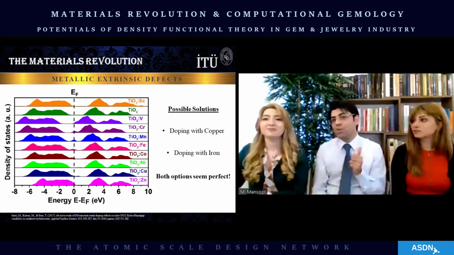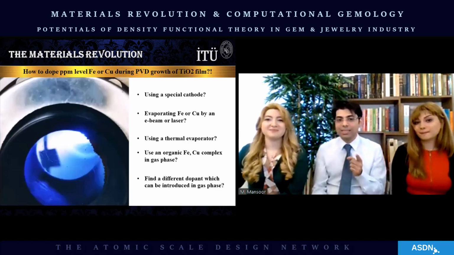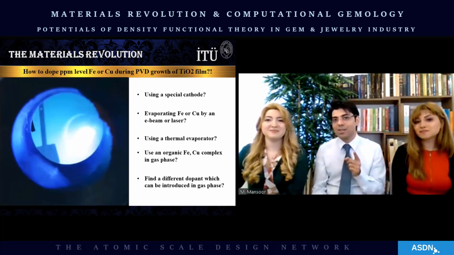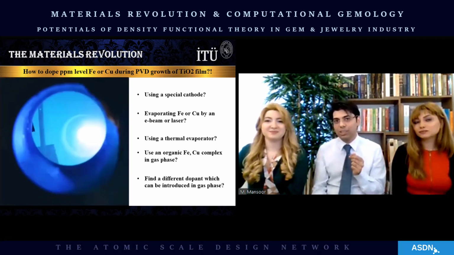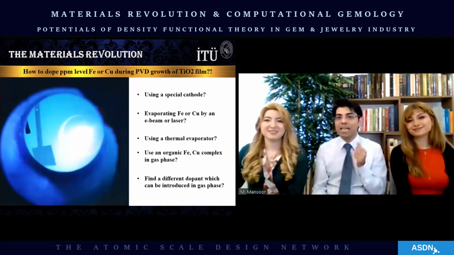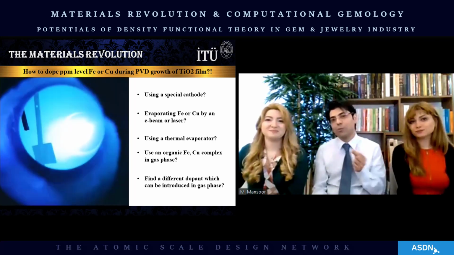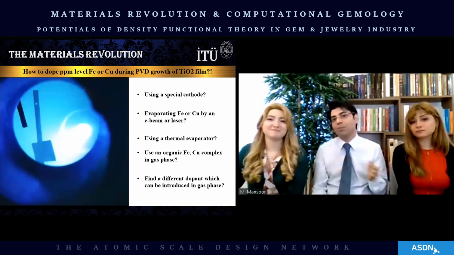So we thought, well, that might be an interesting option from an experimental point of view, but the problem is, when we consider PVD, as shown here from one of our experiments in Professor Urgen's group, it is definitely not easy to incorporate a few parts per million of iron or copper into such a system.